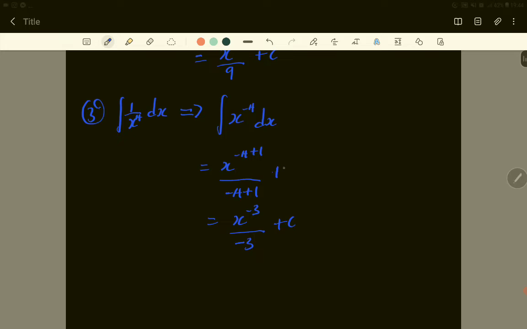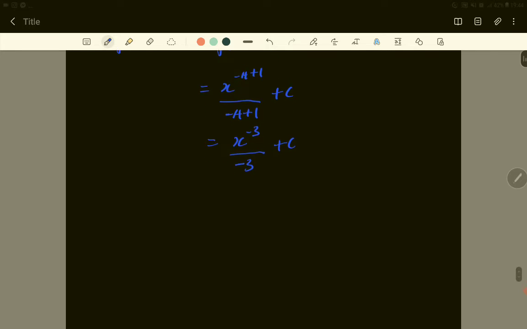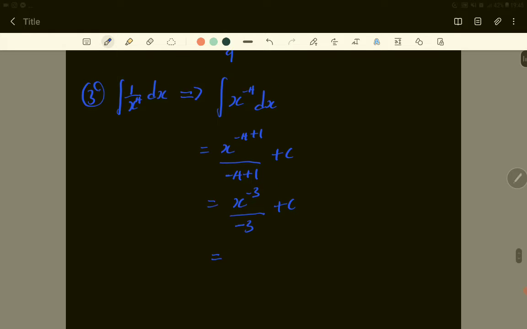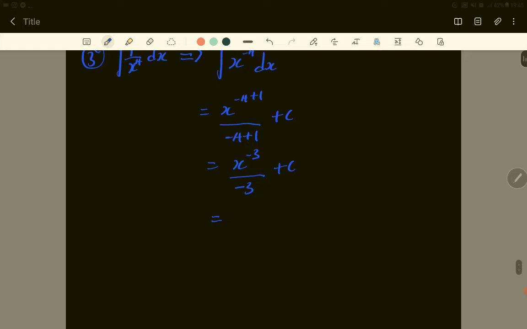You have your constant here, very important. And to end this, the final answer is minus 1 divided by x to the power of 3 plus c.